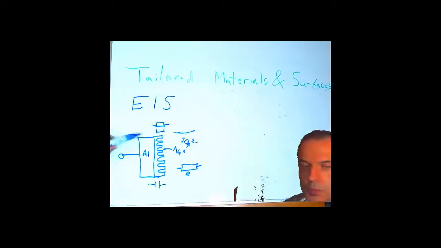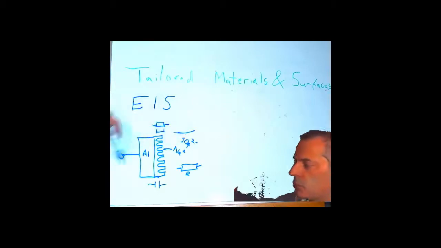If we had two different aluminium samples, then we would have two different capacitances and resistances in our circuit, and we would end up with two different frequencies when it would switch between conducting through the capacitor and not conducting through the capacitor. And we could identify those. It's hard to tell which is which because they're not labeled.